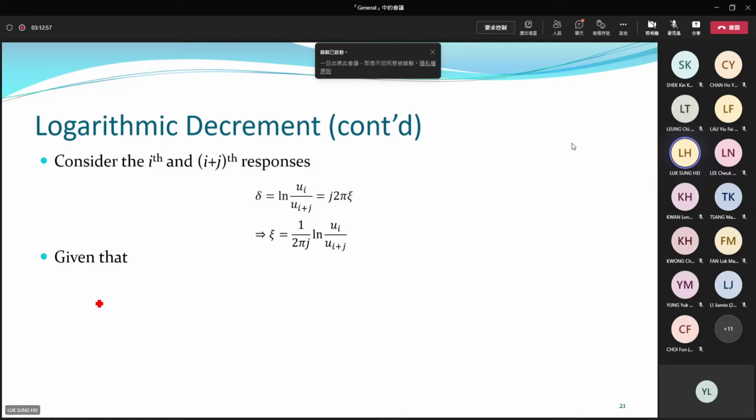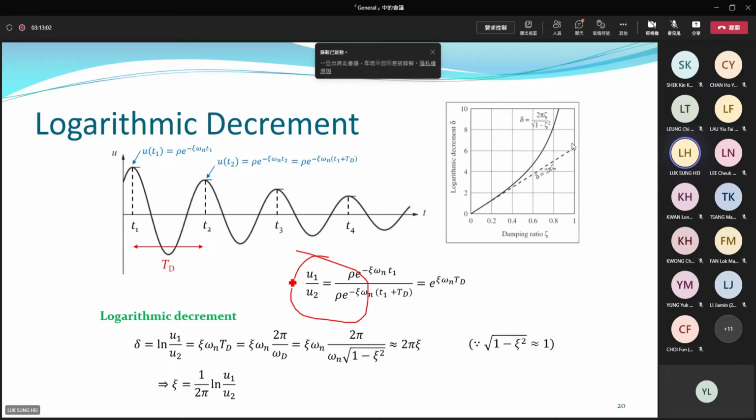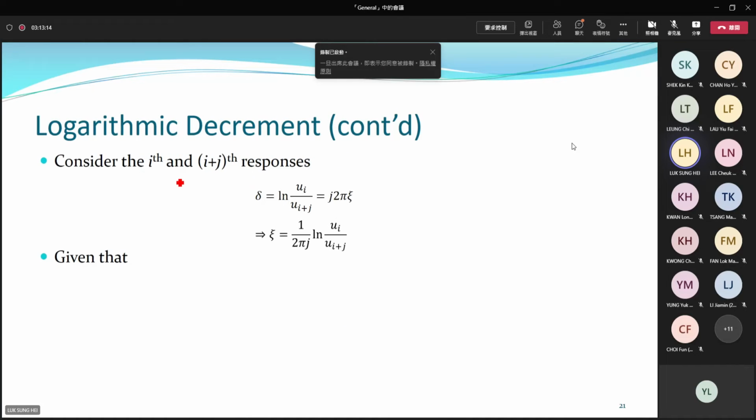We can extend our discussion a little bit. In the previous derivations, we considered two adjacent amplitudes, U1, U2, right? But in general, you can consider any two vibration amplitudes not next to each other. Say, for example, the ith term and the i plus j term. Say, for example, the first term and the third term, or the first term and the fourth term, they are not necessarily next to each other.